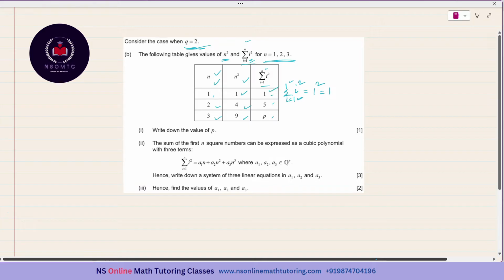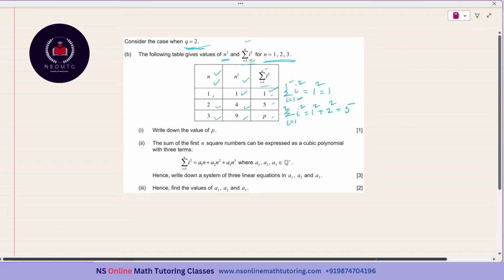Okay? Next one, it is n equal to 2. So sigma i equal to 1 to 2, i squared, which is equal to, first value of i is 1, so it is 1 squared, and sigma summation. Now the second value of i is 2, 2 squared. 1 squared is 1, 2 squared is 4, 1 plus 4 is 5.